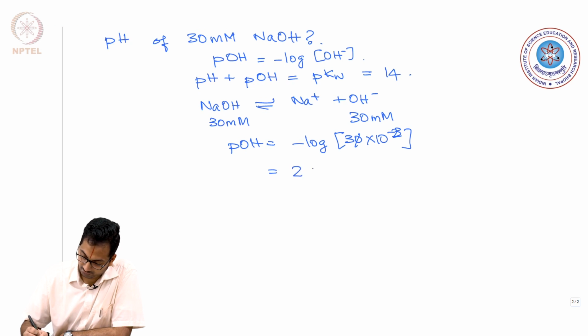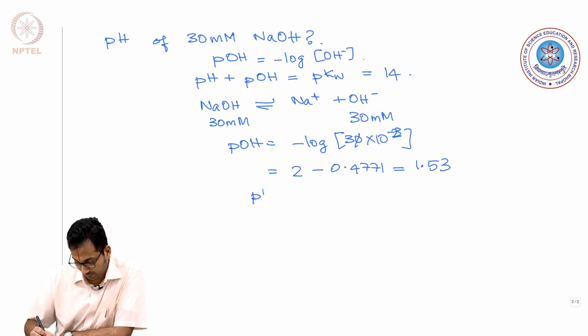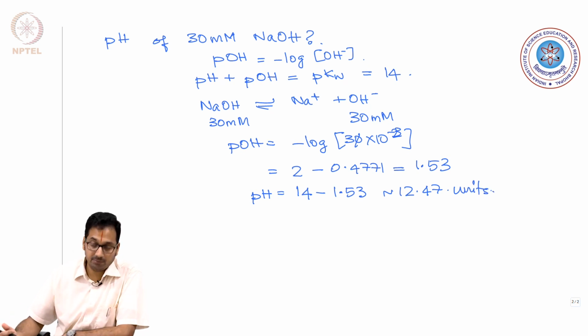This is going to be 2 minus log 3, which is 0.4771. So that will be equal to 1.53 in pOH. Therefore, the pH for this solution is going to be given by 14 minus 1.53. That is going to end up becoming approximately 12.47 units.